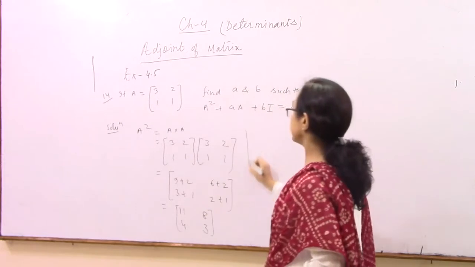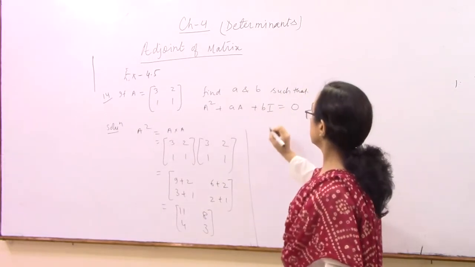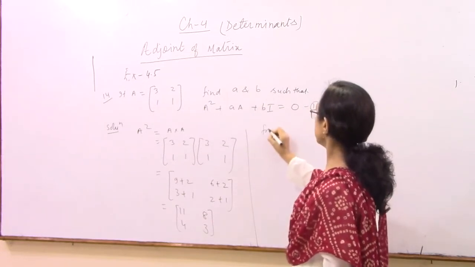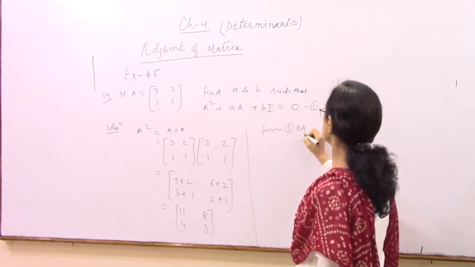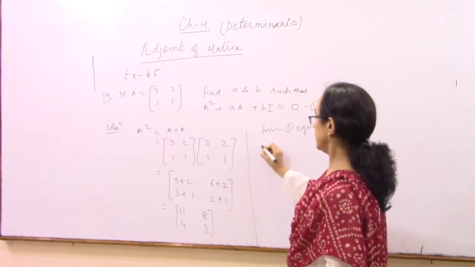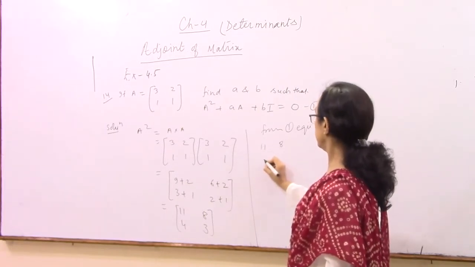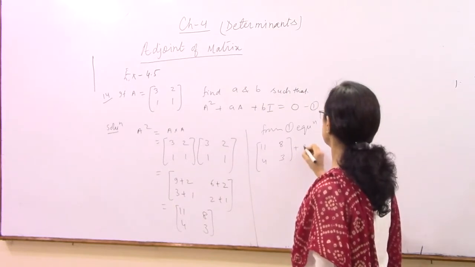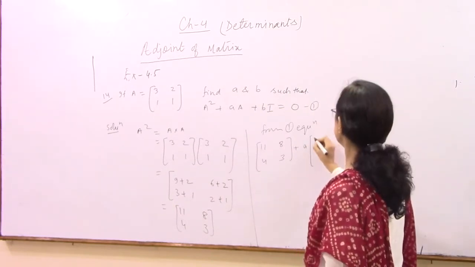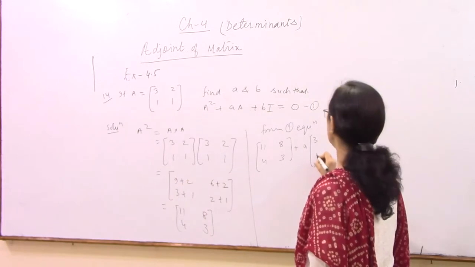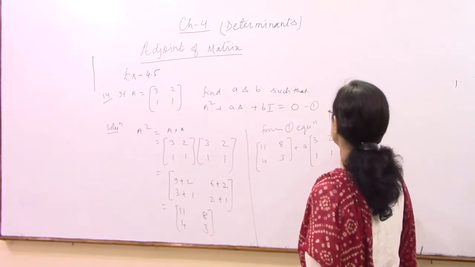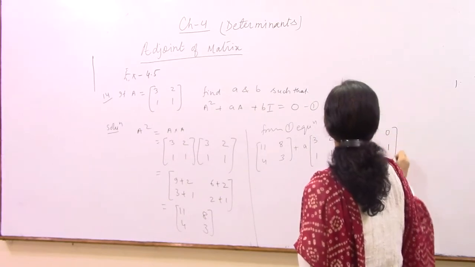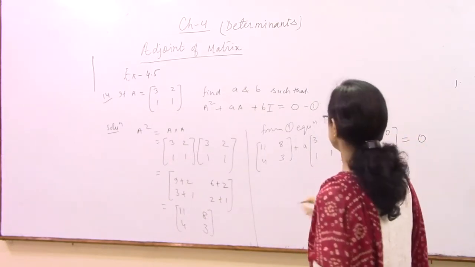Now from the first equation, A square, that is [11, 4; 8, 3], and a times matrix A, [3, 2; 1, 1], then b multiplying with unit matrix [1, 0; 0, 1], equal to null matrix.